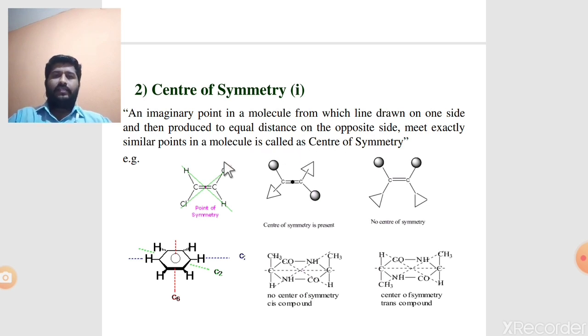The best example of this is trans-dichloroethene. From this central point, on the right side there is one chlorine, and on the left side likewise one chlorine, so this molecule shows the center of symmetry. The benzene molecule also shows the center of symmetry. The center of symmetry is also called inversion symmetry.